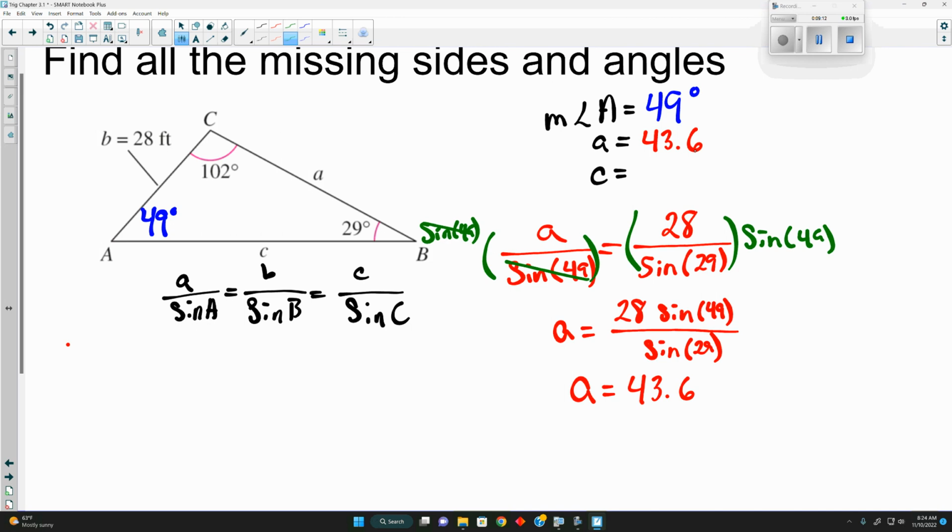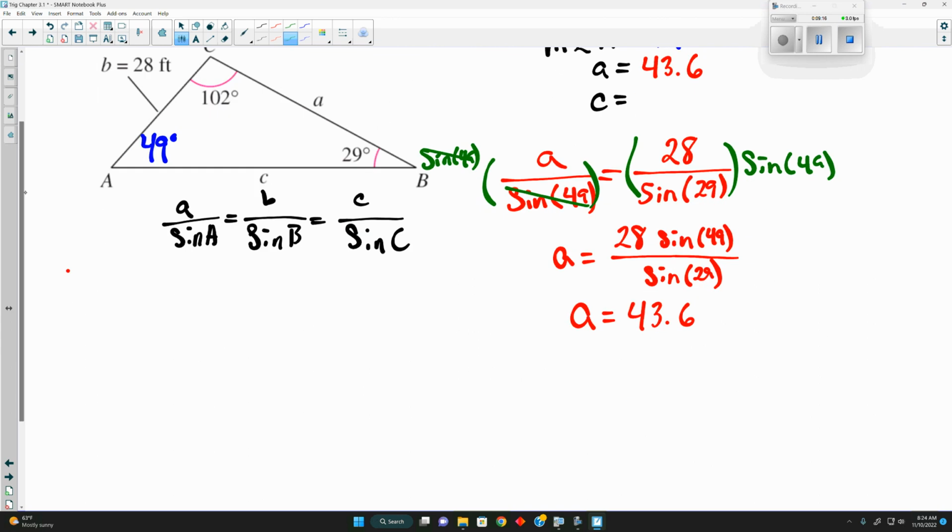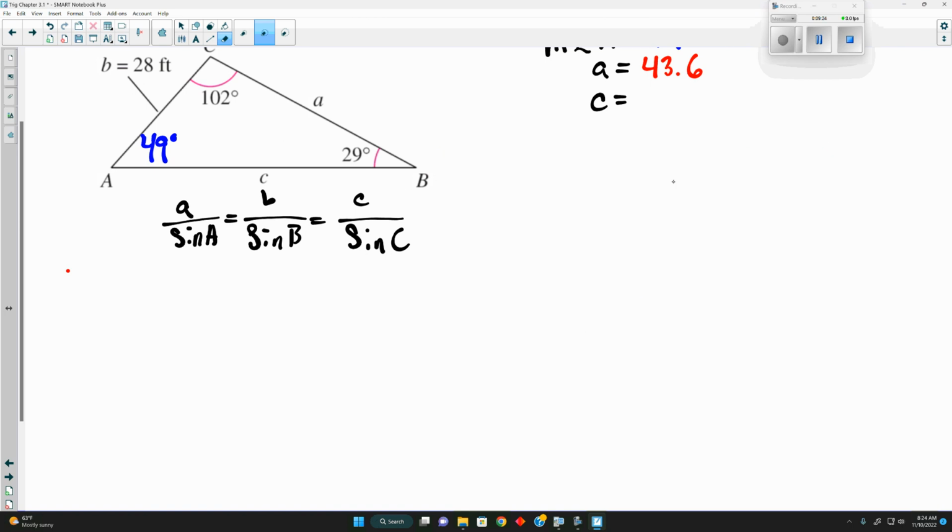Not too bad. Now, we can do this again because we still need to find C, yes? So I'm going to erase this here for space. Because I feel like y'all still have a good bit of space underneath that problem, yes? Now, we need to find C. That's the last one we need to find. And it's going to be over sine of 102.